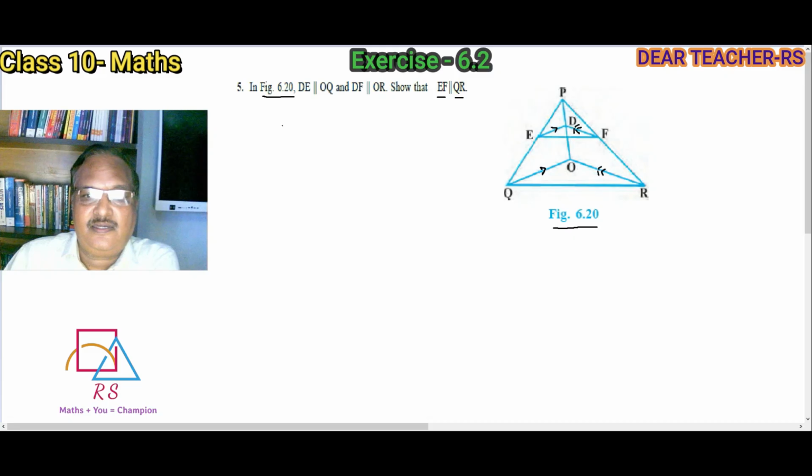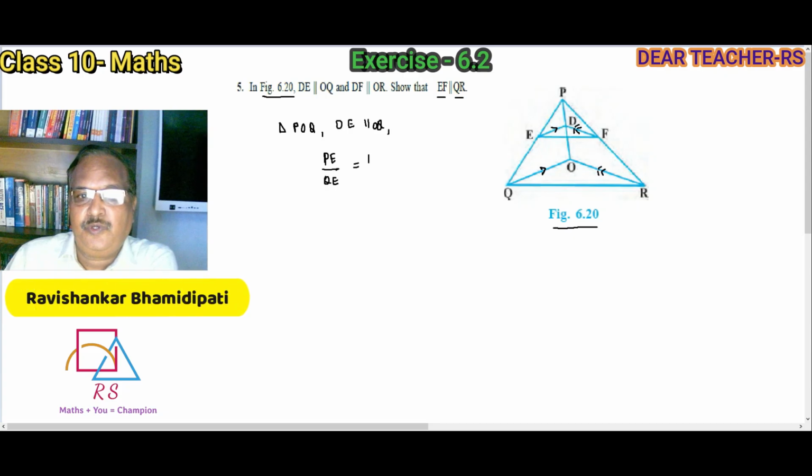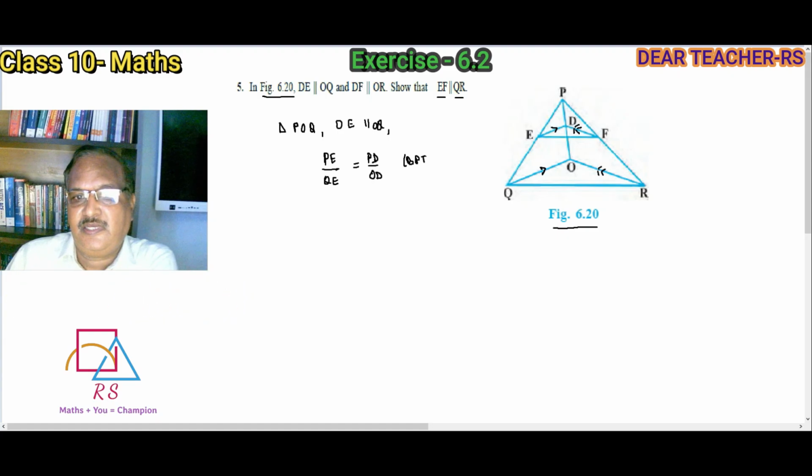Let us take one triangle first, triangle POQ, and DE is parallel to OQ. Now we can apply the basic proportionality theorem. So PE by QE is equal to PD by OD. This is the basic proportionality theorem and first equation.